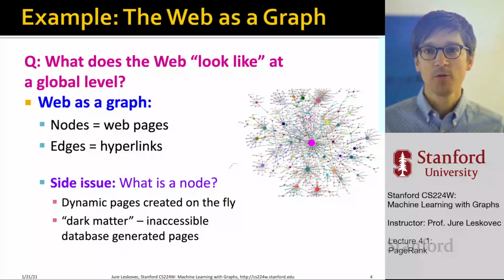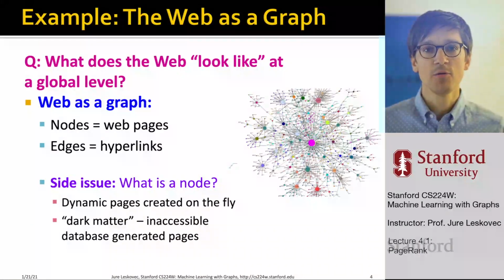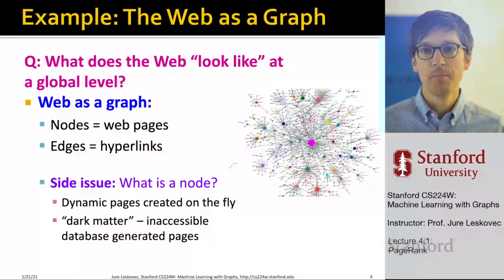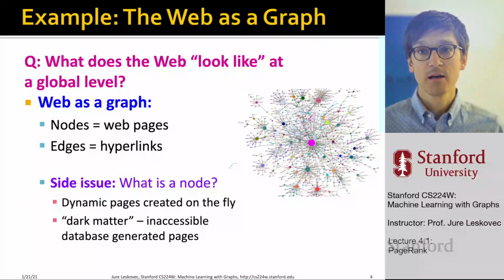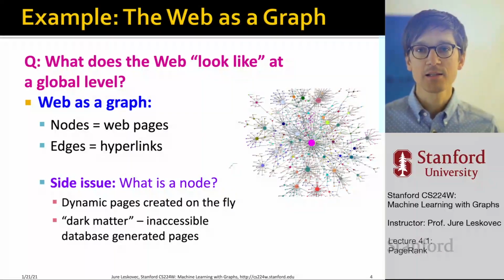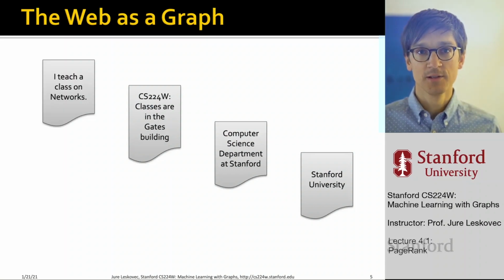Of course, today the web has evolved a lot, and there is the issue of what is a node. We have a lot of dynamic pages created on the fly, and there is also a lot of the dark web, places that are password protected and inaccessible by us just browsing the web. But let's think of the web as it was in the old days, when we had a set of static pages.